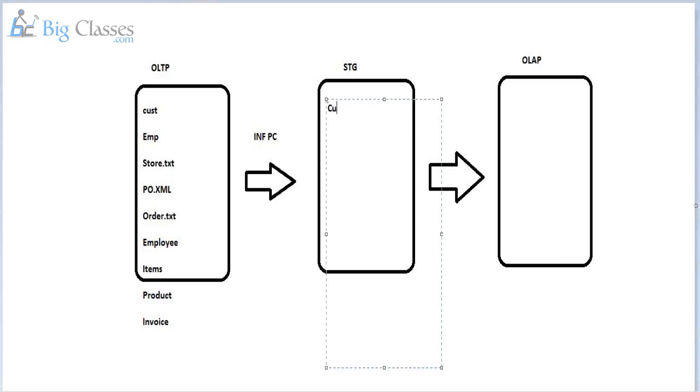For every table, we have a corresponding staging table, like customer_STG, employee_STG, store_STG, purchase order_STG, order_STG, items_STG. So these are all the different staging tables where you have to load the data.